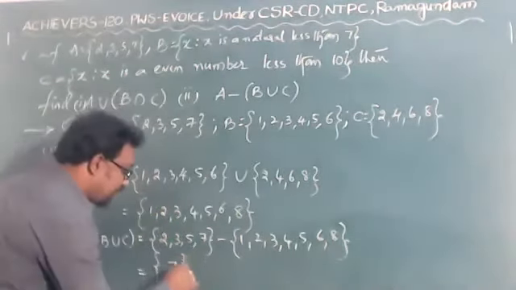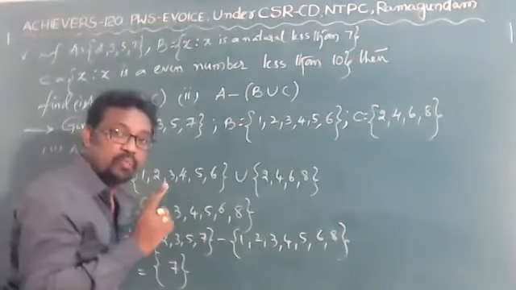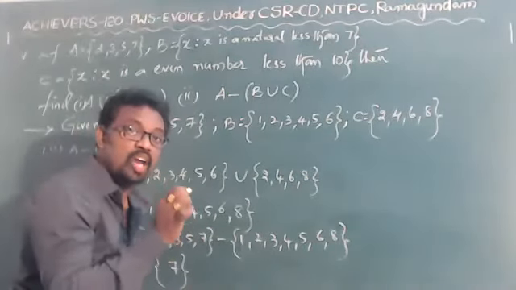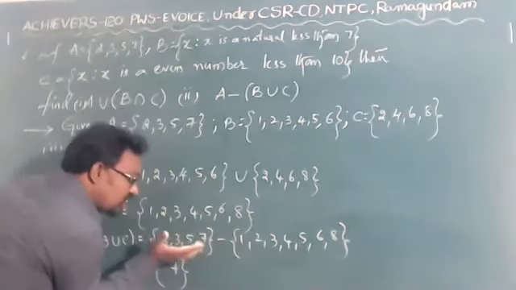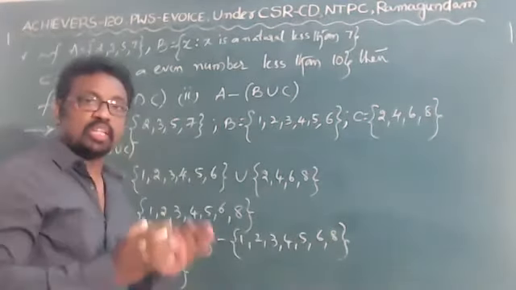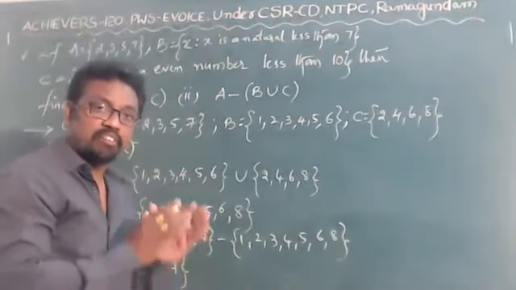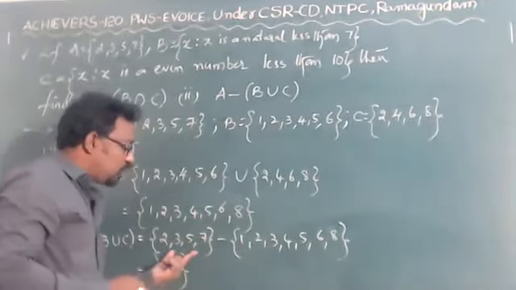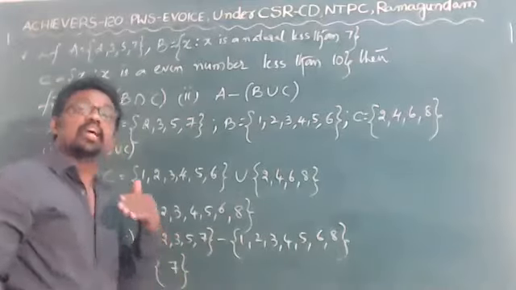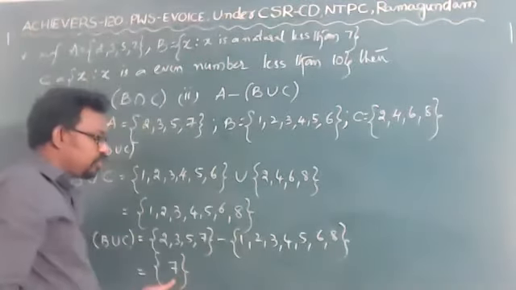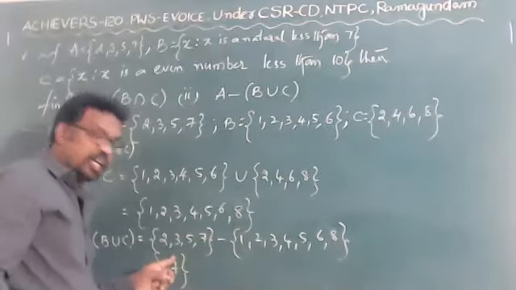You should not write 8. What I said is the main law: the elements which are left from the first set, not from the second or something. Which are the elements left after deleting, after subtracting, you have to maintain the remaining elements. The remaining element is only 7. Here it is there, 1. Here it is not there.